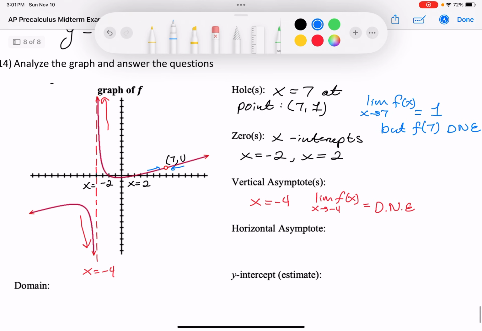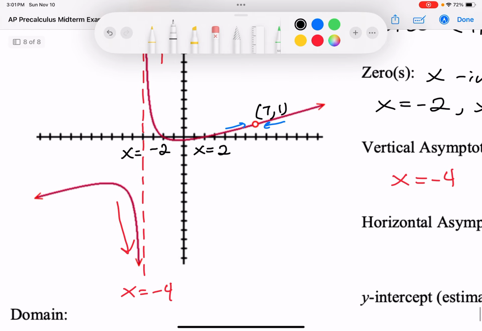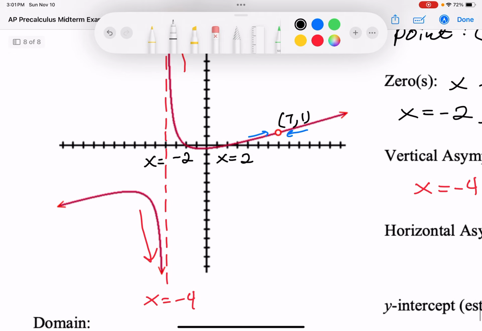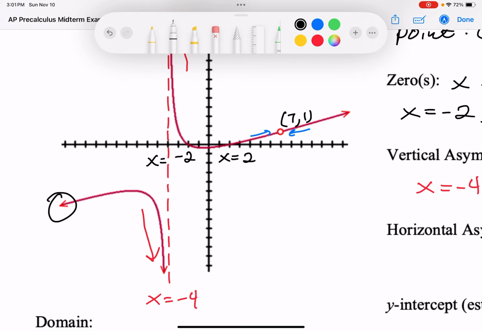Now, the horizontal asymptote is similar to the vertical asymptote, and that is a horizontal line that the function is approaching from both ends. But if you notice, there is no horizontal line the function is approaching, because on the left side of the function, the end behavior is going further down, but on the right side, it's going further up. So there is maybe a slanted line that is approaching, but there is no horizontal line the function is approaching in this case.